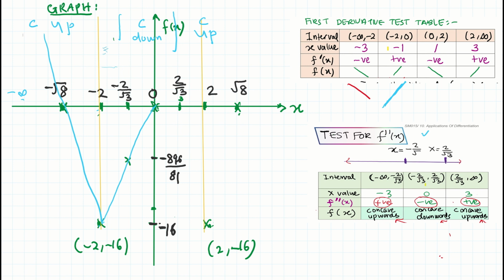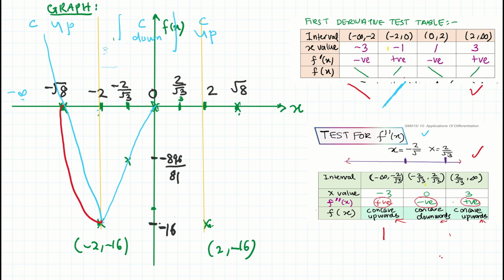Therefore, I will consider the first table and the second table to sketch the graph. That is, the function f(x) is decreasing and the concavity is up. So you have to draw from negative 8 over 3 until negative 2, the function is decreasing and concave up.